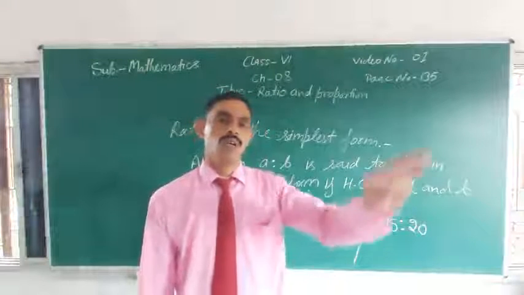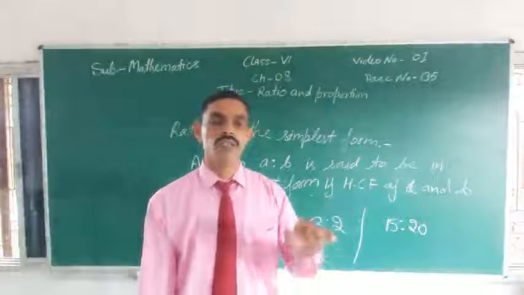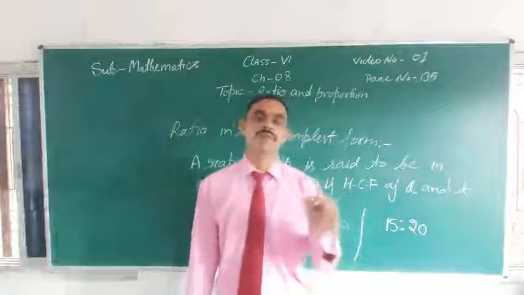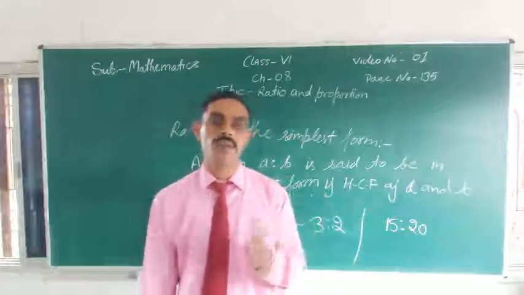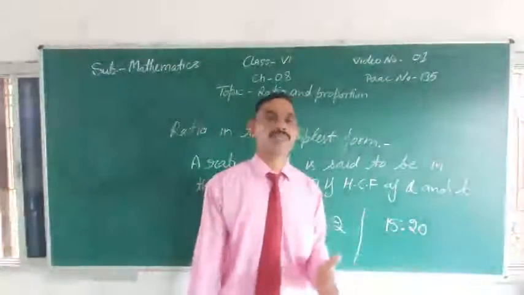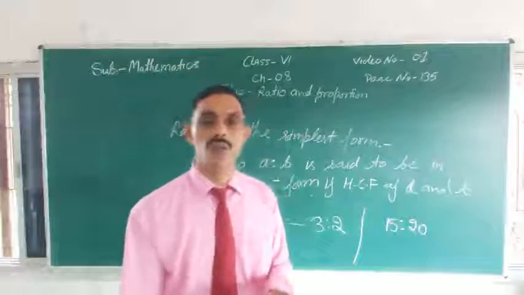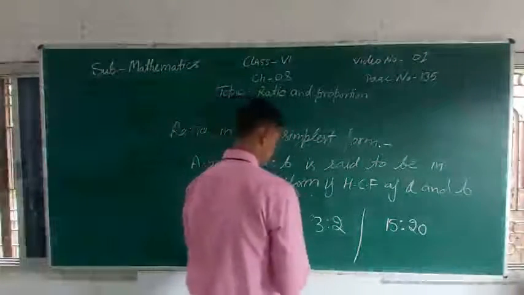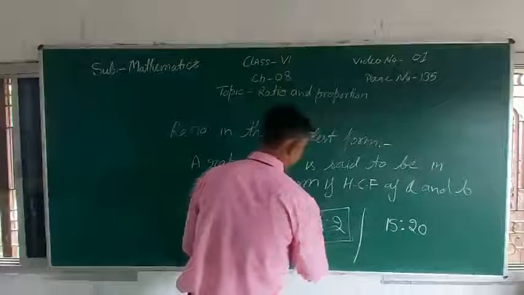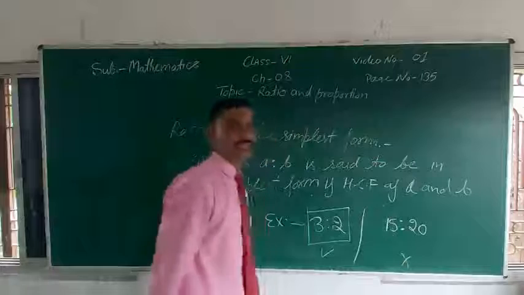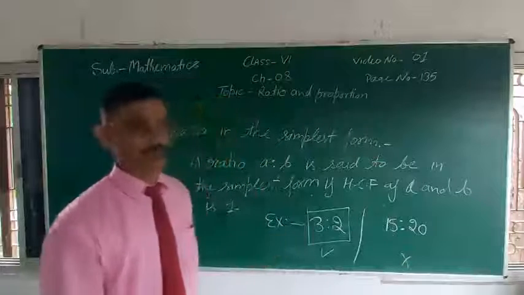So a ratio is said to be in simplest form only if the HCF of its terms, the first term and second term, is only 1. Clear? Note it down. This is in simplest form, this is not in simplest form.